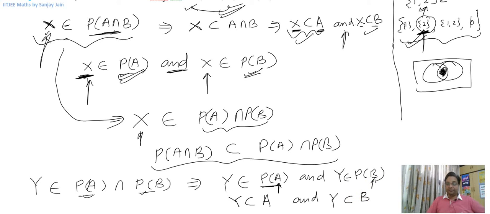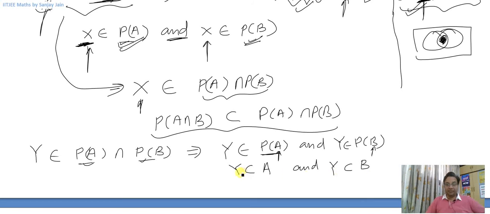If it is a subset of A as well as a subset of B, that means it is a subset of A intersection B. You got the idea? So it is a subset of A intersection B.